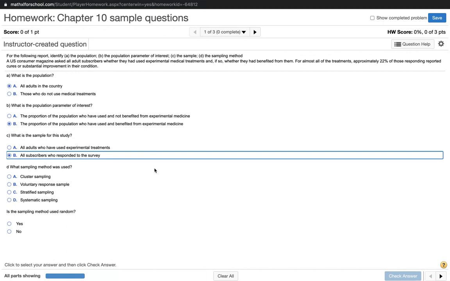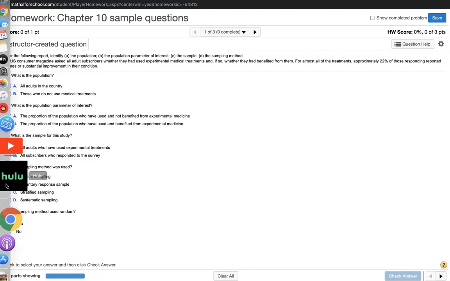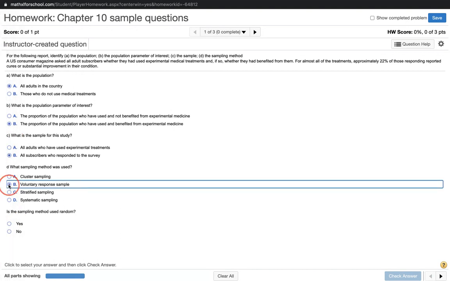Stratified sampling is definitely not the case. Systematic sampling would be like choosing every 10th person. So our answer here is B, voluntary response sample, because the subscribers could have chosen to either respond or not respond to the survey request.